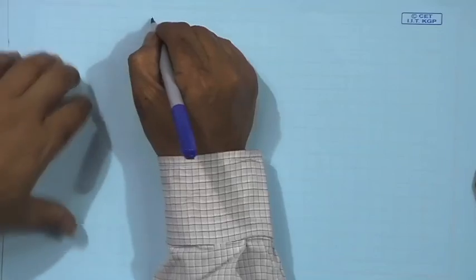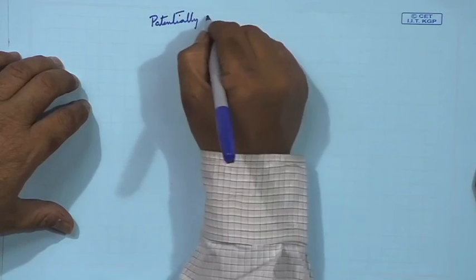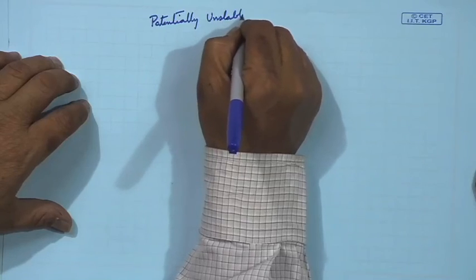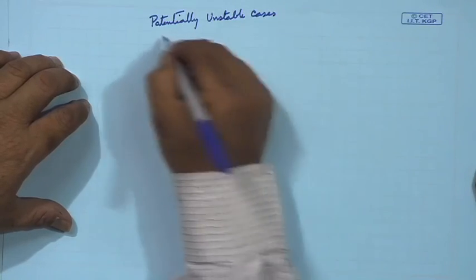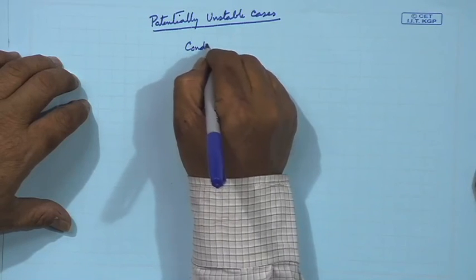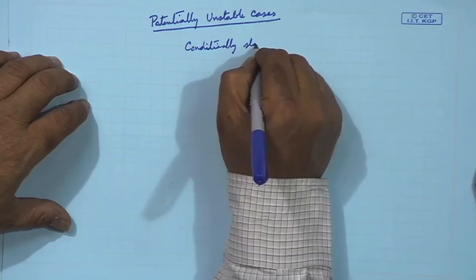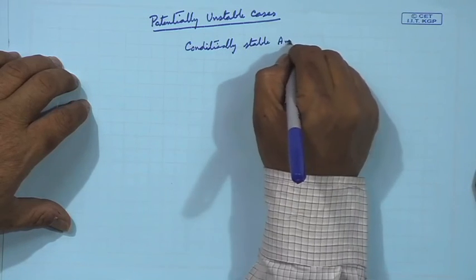We will do that in the next class, where we will see how, in potentially unstable cases, to make a conditionally stable amplifier.